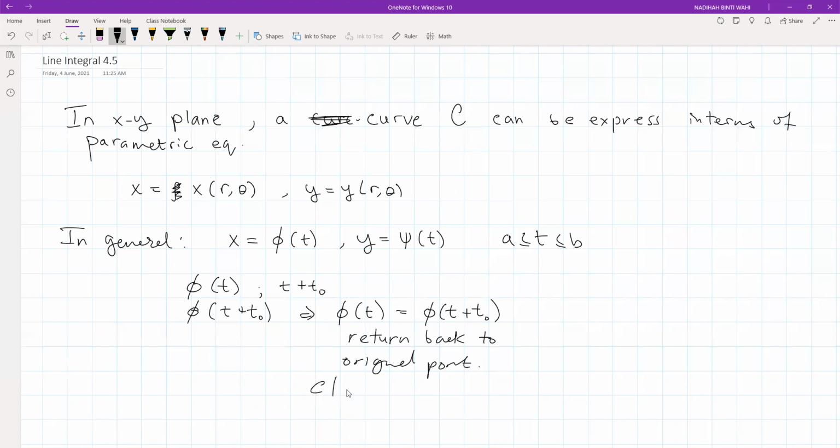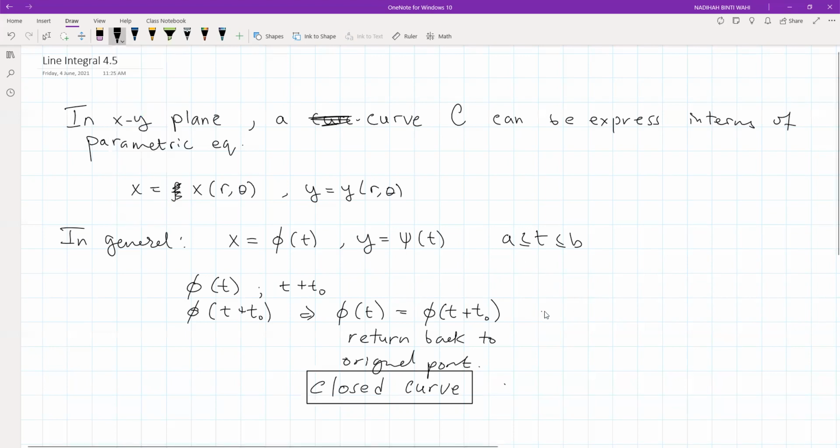Then this is called a closed curve. So this one is important. And the same thing, if I have psi when t is increased by t naught, this is also equal to the position at t. So in both cases, this is also a closed curve.